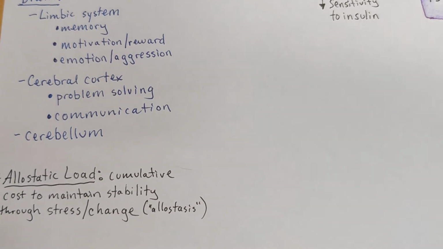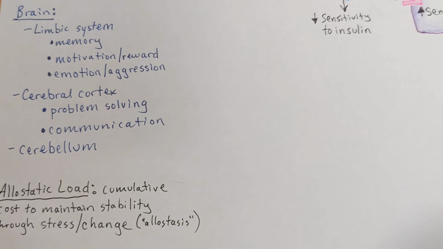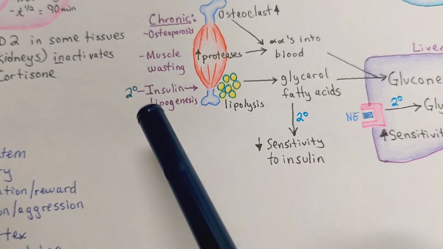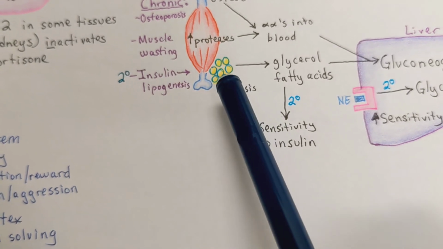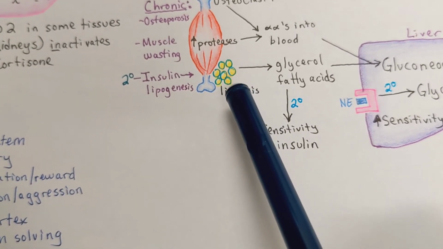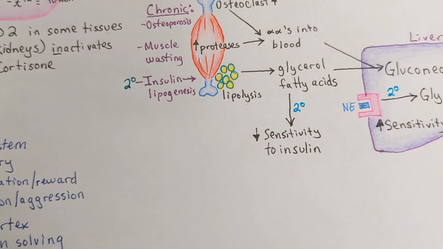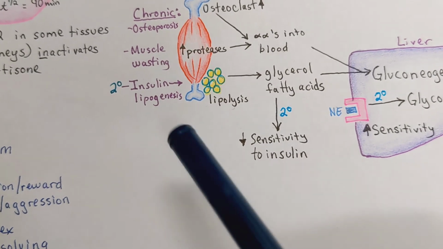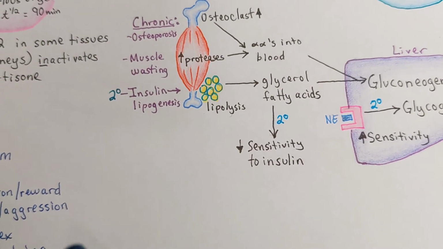And so some things that we can measure to assess the allostatic load are the waist to hip ratio. Again, over time, there's more lipogenesis in your adipose tissue, and that increases around your waist. Your BMI in general, so your body mass index, again, making more fat or depositing more fat.